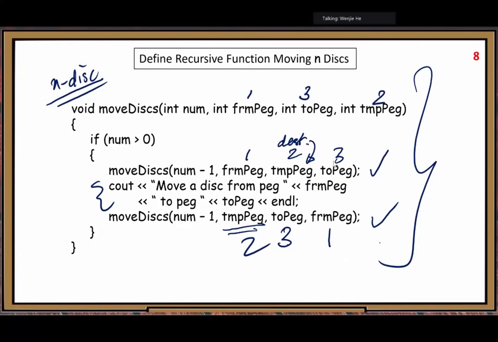Think about, without using recursion, how can you solve this problem? Extremely hard. That's the big power you can experience in recursive algorithms. That's the reason people use recursive algorithms in problem solving.